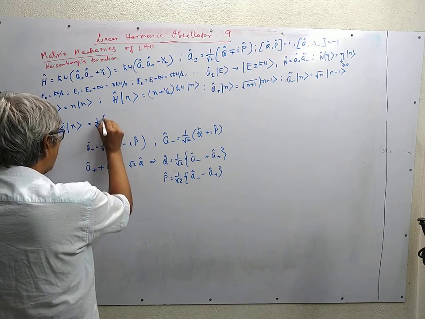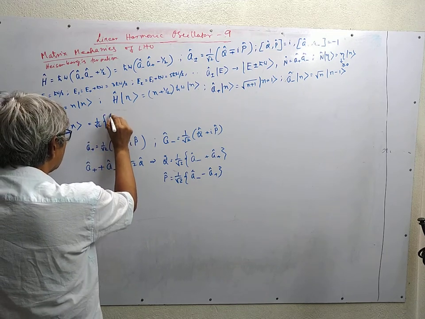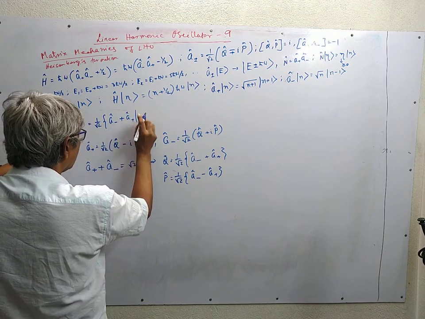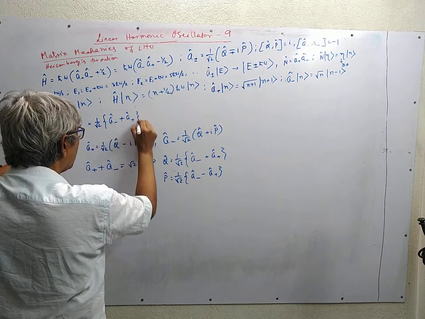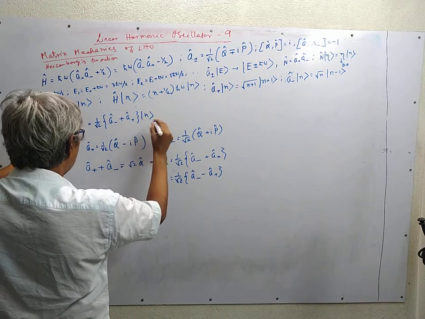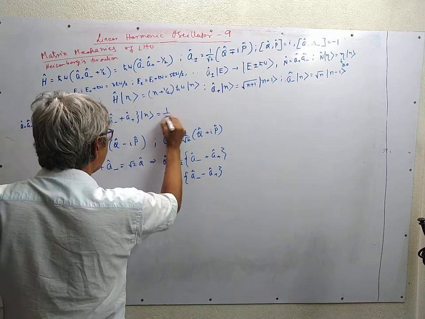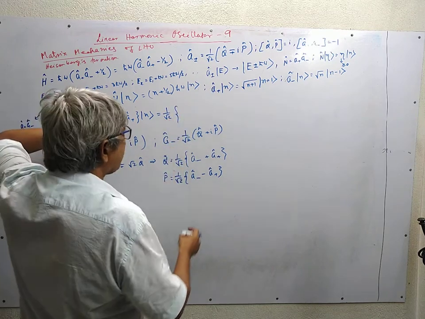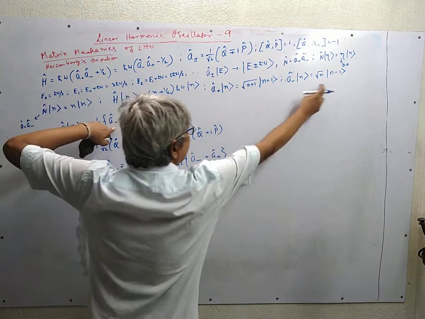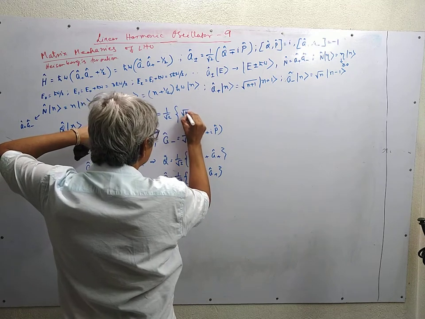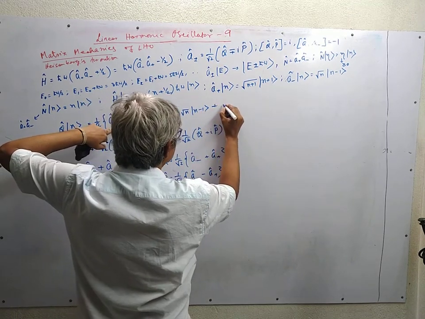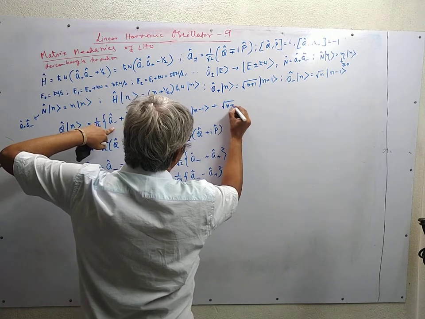So this is 1 upon root 2, a minus operating on n is this, a plus operating on this.